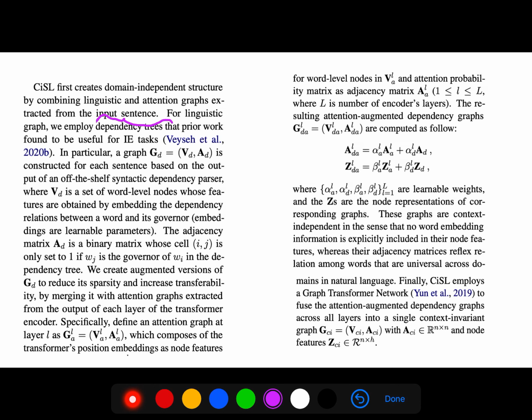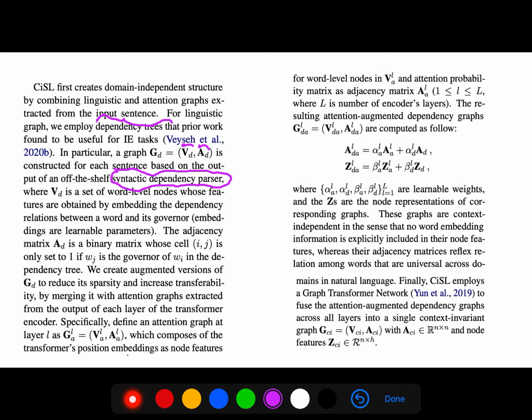So we have a graph with these vertices, and this adjacency matrix is constructed for each sentence based on the output of an off-the-shelf parser. For example, you can use spaCy to just read off the dependency, so you don't need to model and train dependency parsing yourself.